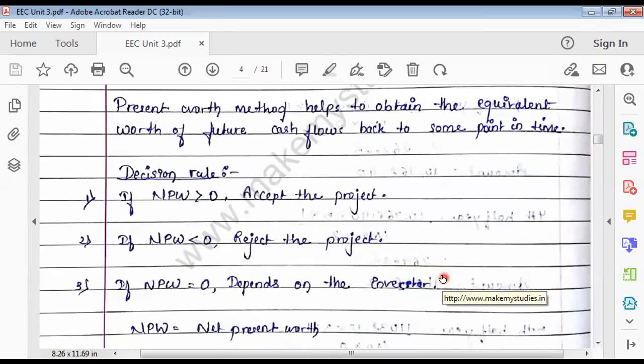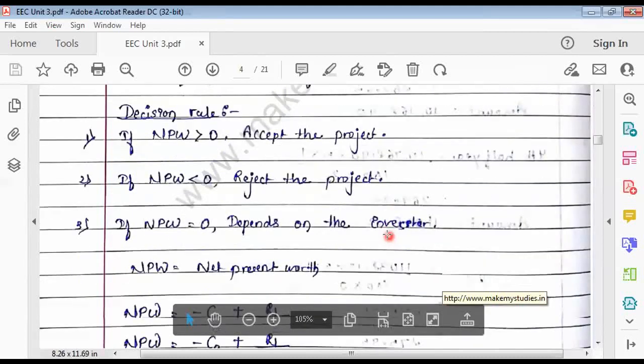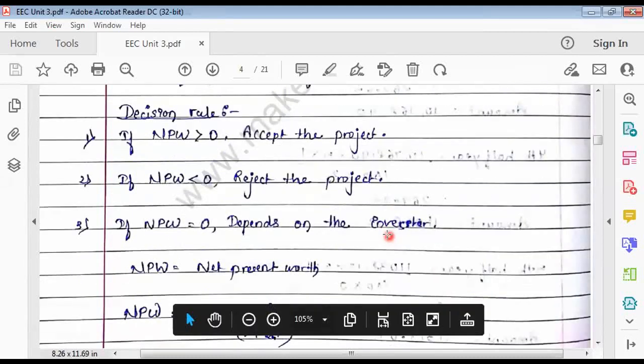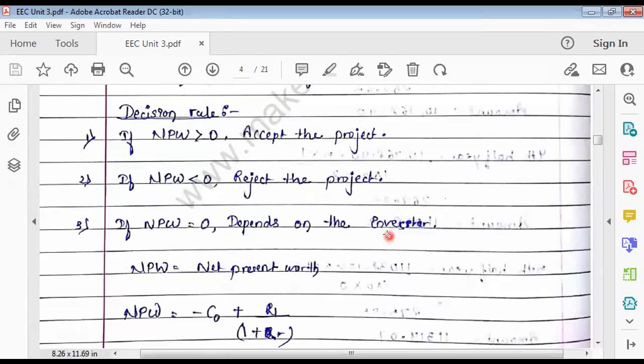Answer like this, should not be accepted or rejected, should not be purchased, that way. And third one, if NPW is equal to 0, answer this way, that depends on the investor, or the investor may invest or may not invest. That sort of answer you should give. Okay, that is the first thing you need to remember, the decision rule.